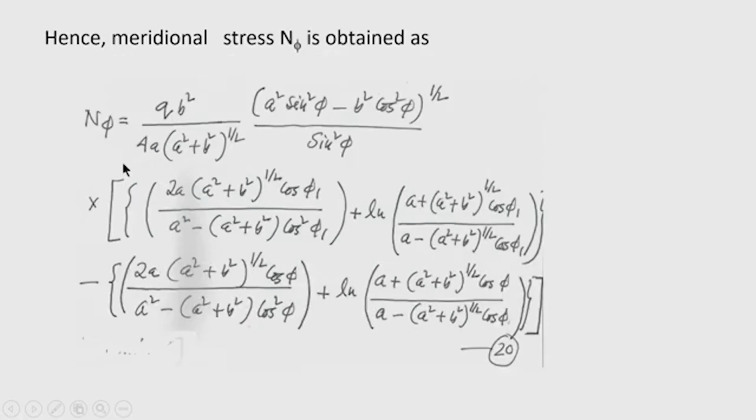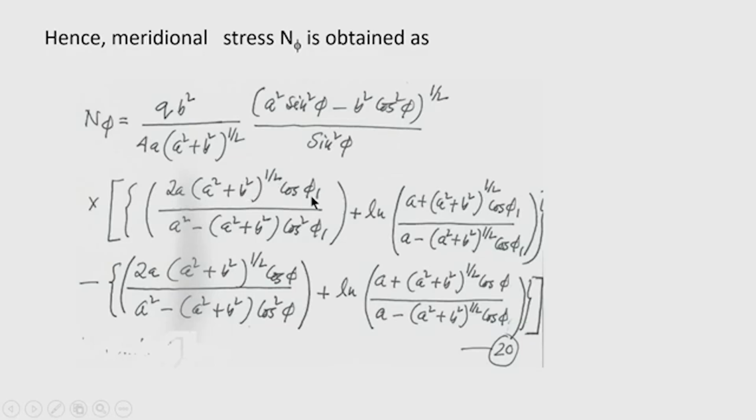So, the total expression, that is the complete expression for the meridional stress n phi, is now calculated as q b square divided by 4 (a square plus b square) to the power half, multiplied by the square root of (a square sin square phi minus b square cos square phi) divided by sin square phi, then multiplied by this term, under the second bracket you will see twice a into (a square plus b square) to the power half cos phi 1.